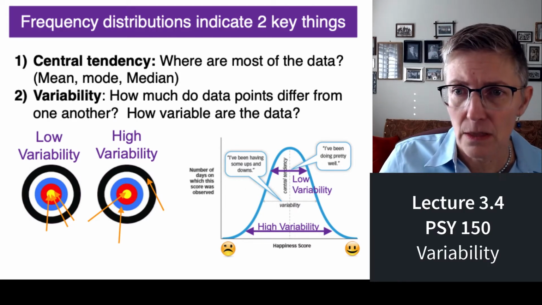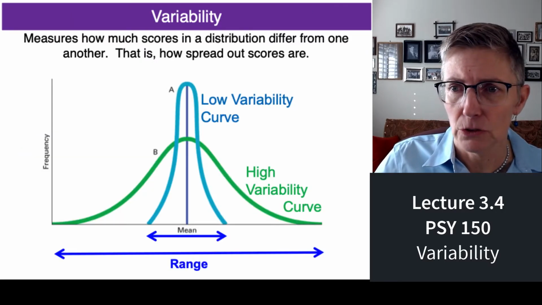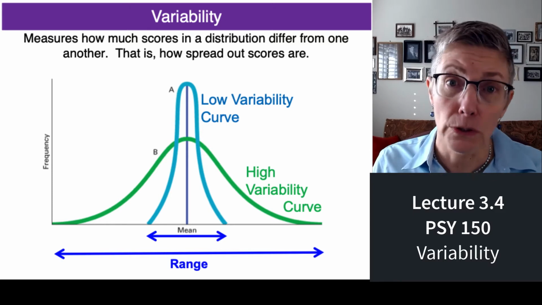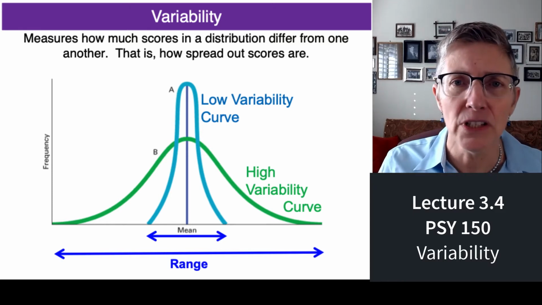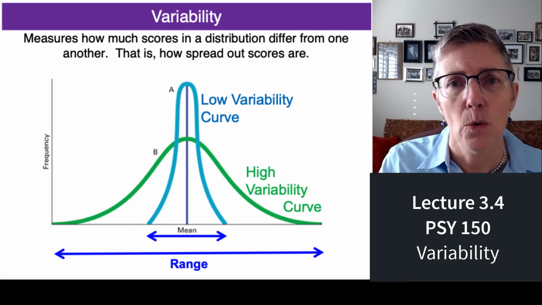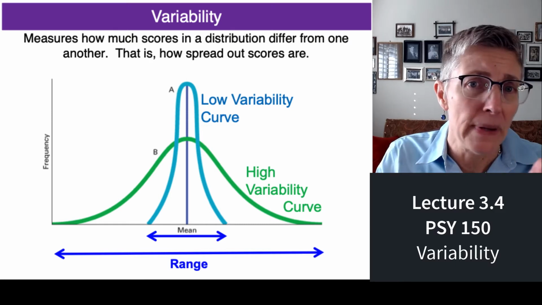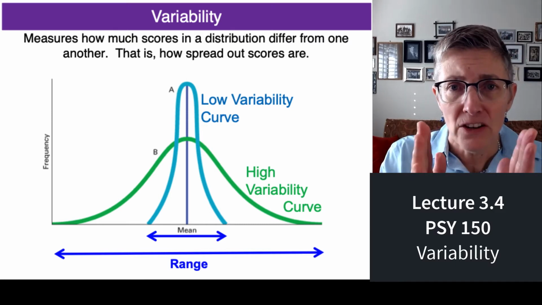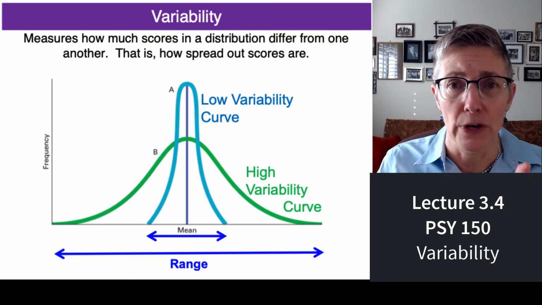You can also see variability in curves. And I think the best thing to do is just jump ahead to the next graph here that shows you a low variability curve and a high variability curve. So imagine a test that your professor gives where everybody in the class gets a B. Maybe the scores range from B- to B+. There's very little variability in that distribution of grades, right?